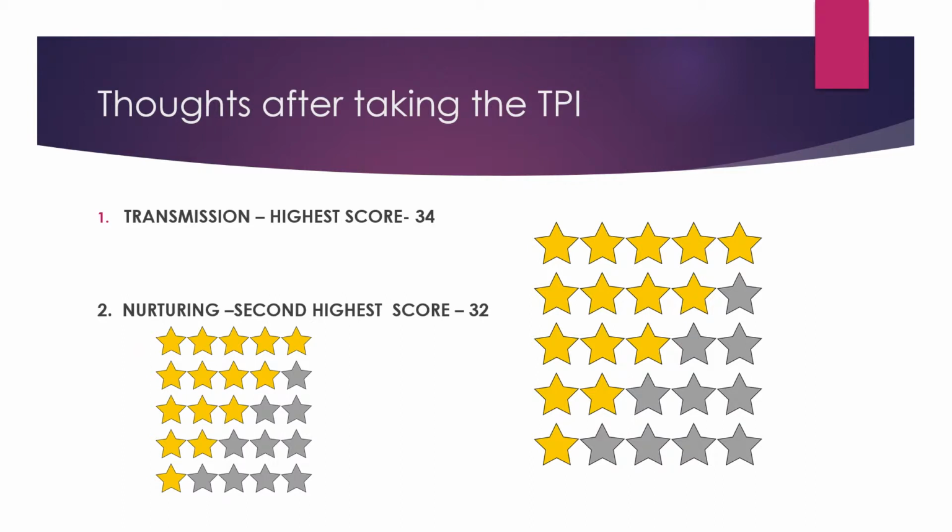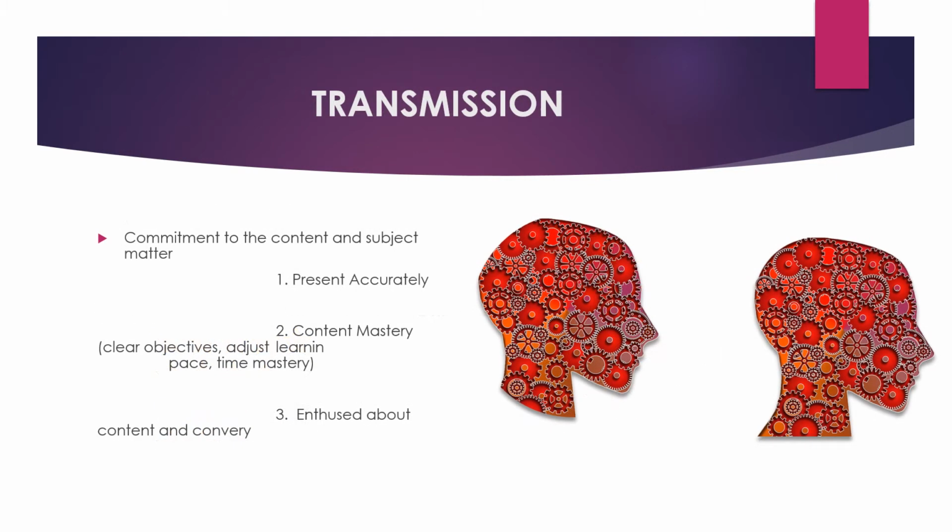I scored 34 points in transmission and 32 points in nurturing. So what does this equate to? How does this relate to my teaching practices? Okay, let's take a better look at it.